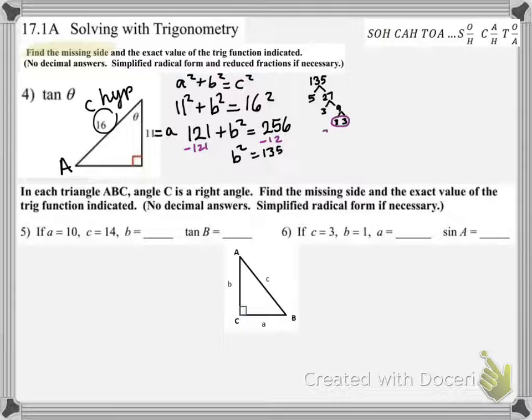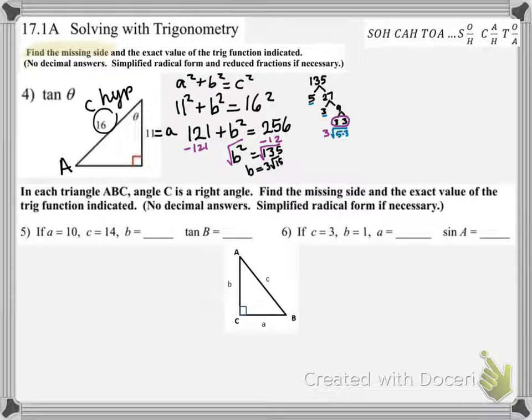So a pair of 3's will become a 3 outside, and these other two, even though there's another 3, doesn't have a pair. They got nothing. They stay inside, 5 times 3. So that when I come back over here to my answer space and I do square root, I get b equals 3 square root 15.